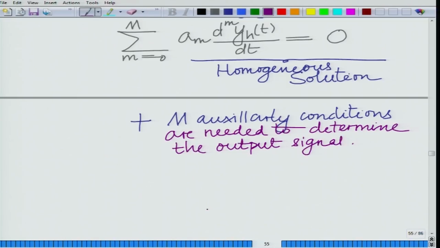N auxiliary conditions are needed to determine the output signal, and these are the auxiliary conditions.